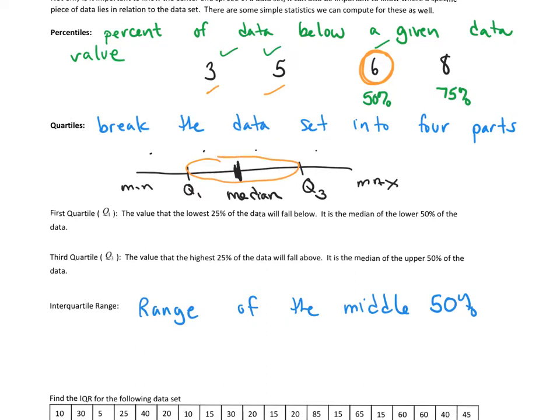If your middle 50 is really compact and not very spread out, that means one thing. If you have a larger middle 50, that means something else. Since it's just that distance, the IQR can be found with a simple formula. It's just Q3 minus Q1. Once you find those quartiles, you just subtract them.